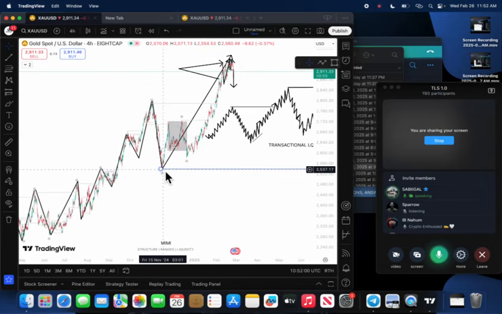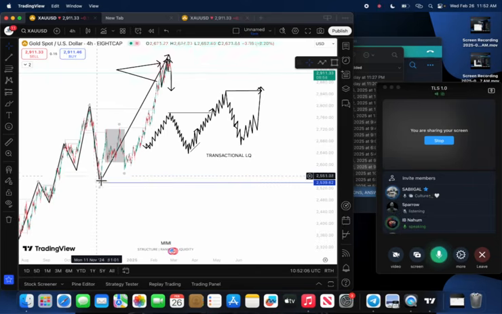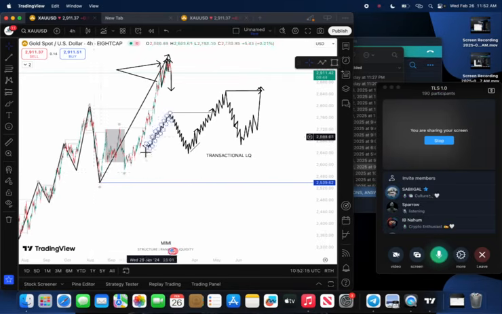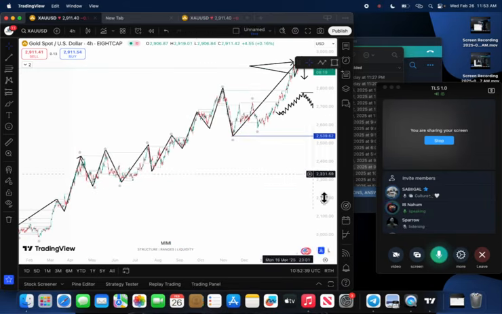Those internals there, after the inducement, where the market was ranging before the uptrend continues. After the market took out that inducement, do we start counting our internals from those little ones that were forming?